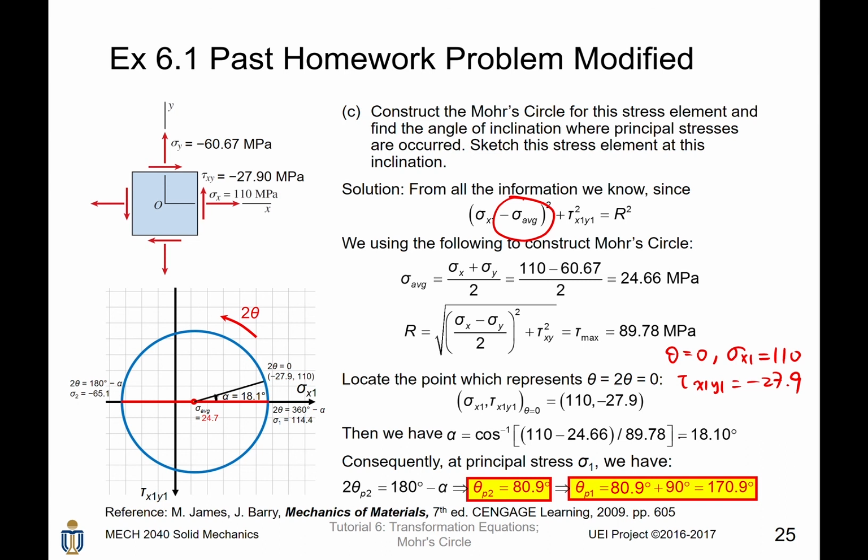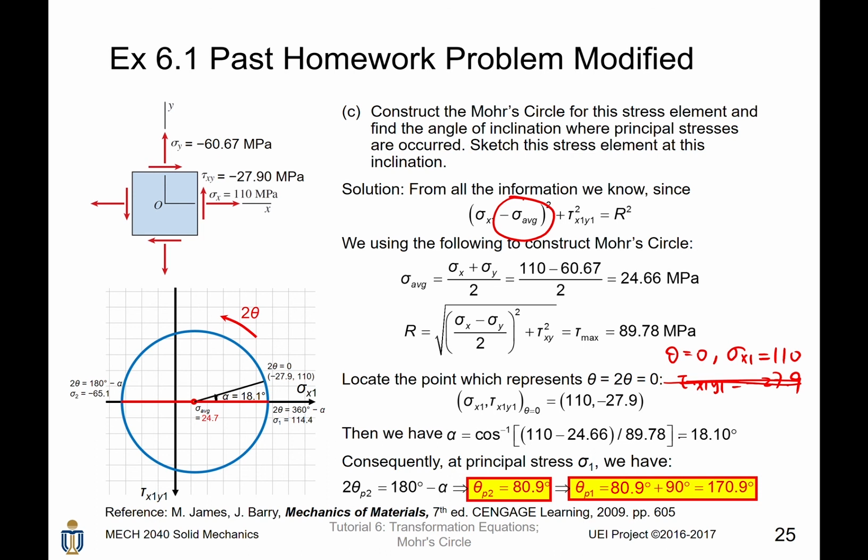So by using this Mohr circle, we can also verify that the shear stress we found in the previous part is correct. First, suppose we don't know what tau x1y1 is, okay?